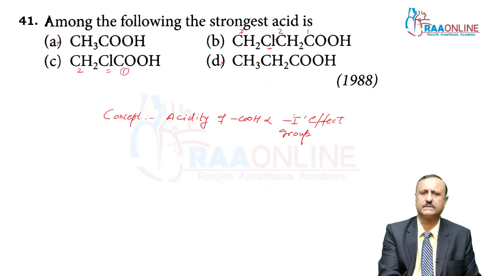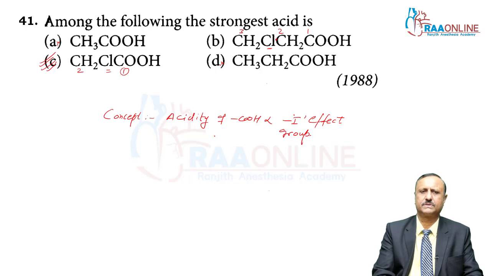That is why this chlorine is nearer to the carboxyl carbon than in option B. Here chlorine is on the third carbon, here on the second carbon, so option C is the correct answer.